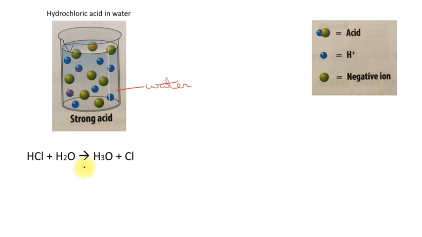But notice this arrow right here. In a chemical equation, that arrow indicates a one-way reaction.